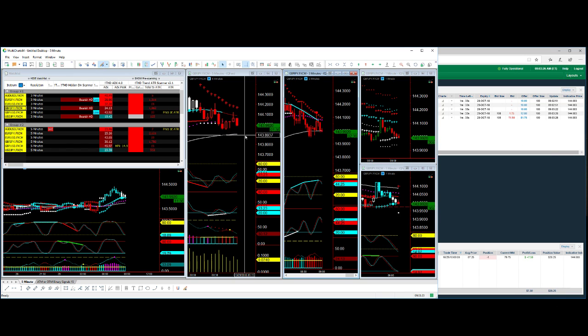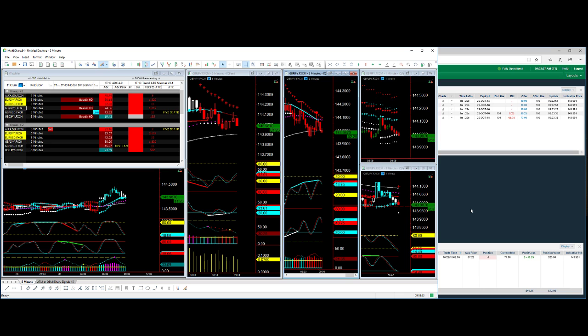Ideally, it'll come down and hit this slow moving average here. Does that guarantee it? No. It's nice that the white dot appears at 143.94.